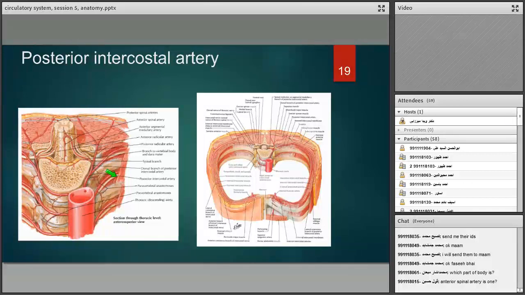So if we want to send a needle to the chest cavity, it would be better to enter the chest cavity from the lower part of each intercostal space to not injure these elements, okay?